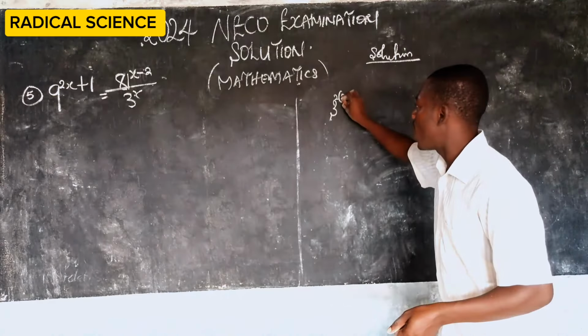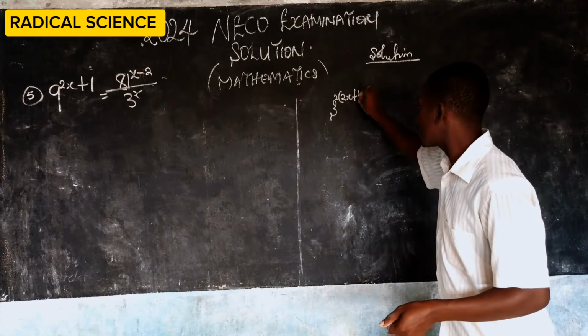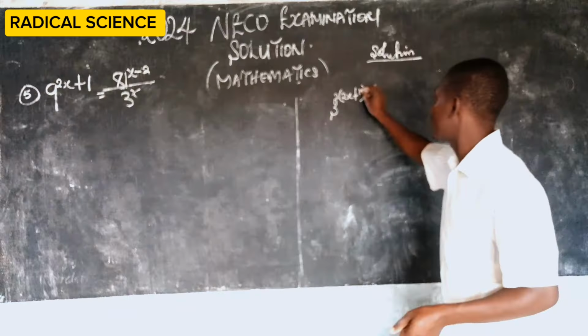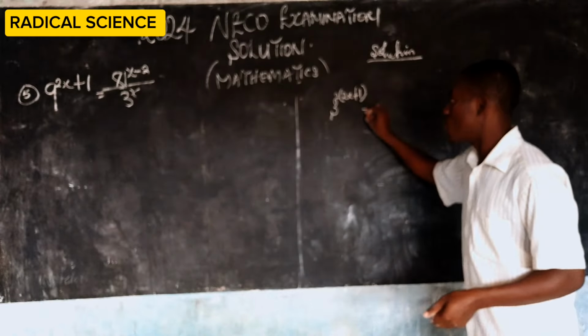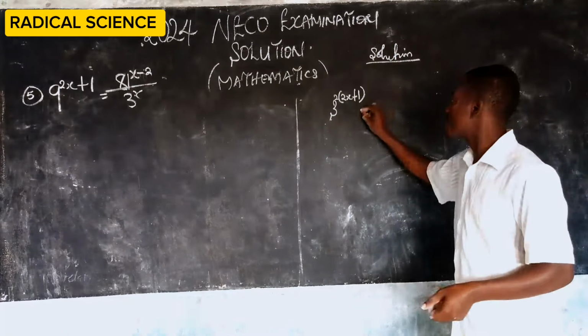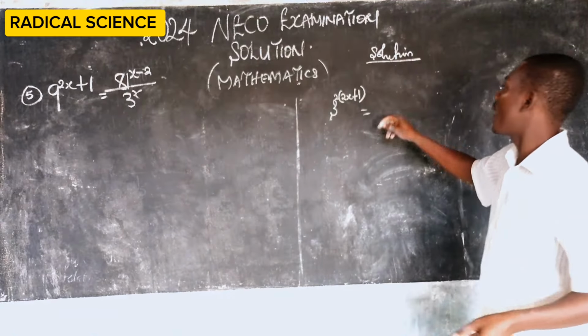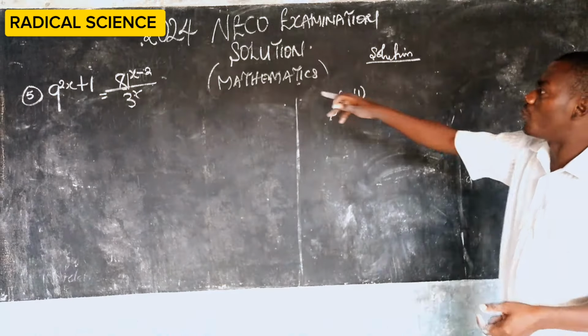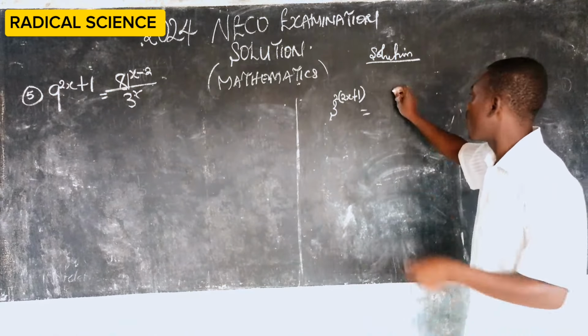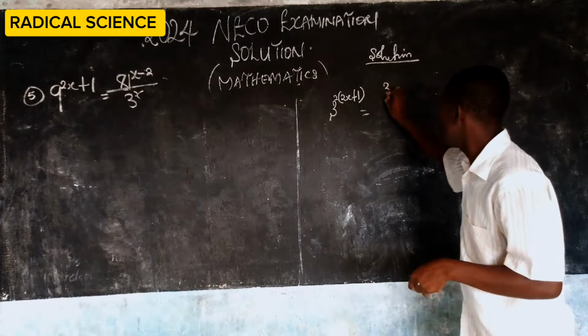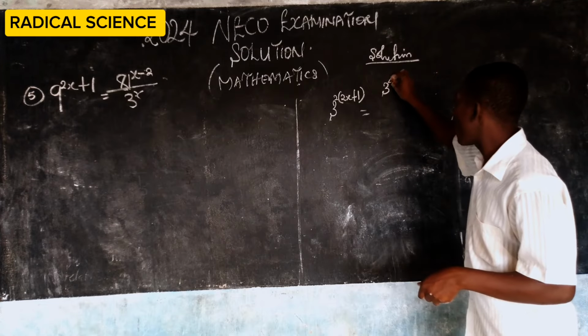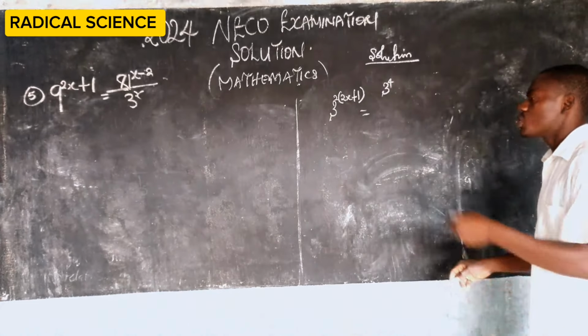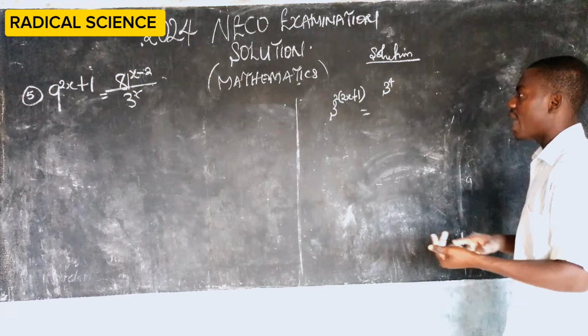I will put this in brackets, plus 1, equal to 3 raised to a certain power that will give me 81. I will have 3 raised to power 4.